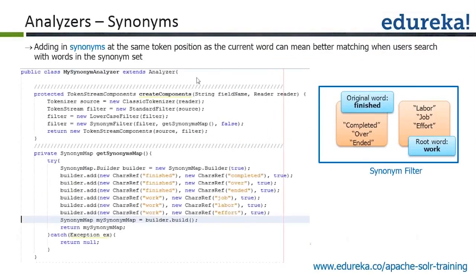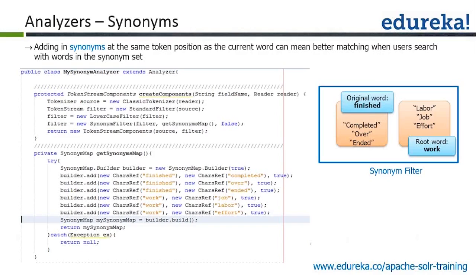Okay, so there could be another requirement. In some cases, for example, you may want to add synonyms for a list of words. Say someone has to search for a word, say completed, over, ended, or finished alternatively.